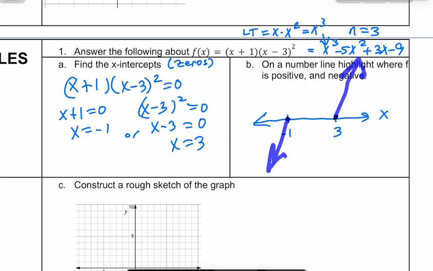We said a function that is below the x-axis is considered negative, and a function that is above the x-axis is considered positive, right? So let's color in kind of the same thing I did before. This side is under, so let's keep it blue because it's got to go down. This side has to go up, so let's color it in red.